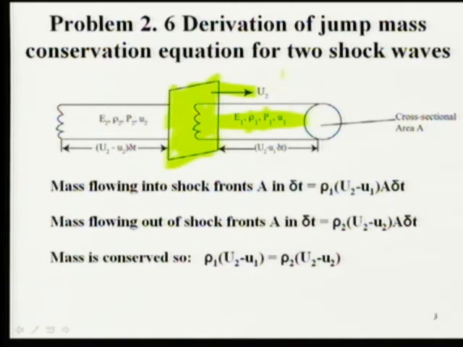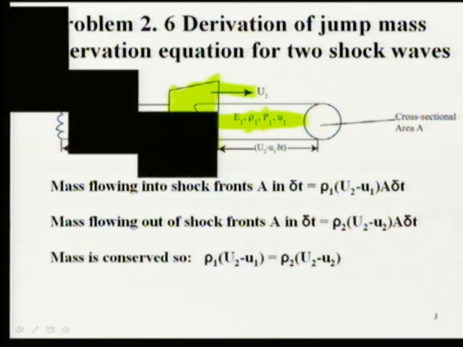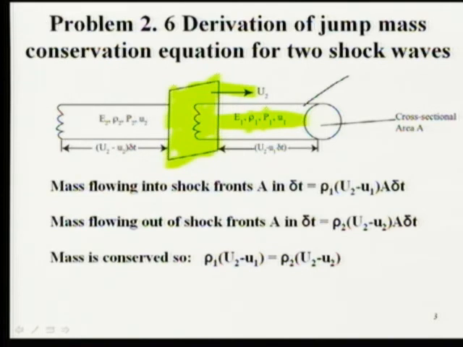So the conditions in front of this shock are different than before, and it has a particle motion of u1 instead of 0, because it would be behind shock front 1. I didn't draw it, but essentially there's another shock 1 over here with U1. I didn't think that was necessary, but anyhow.